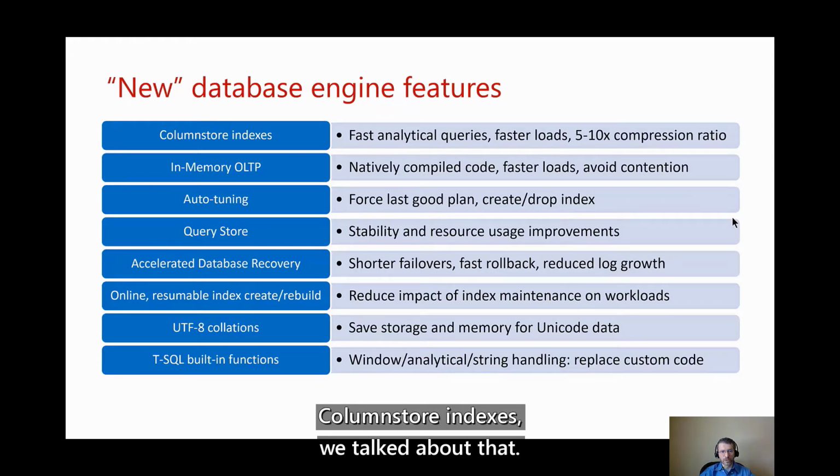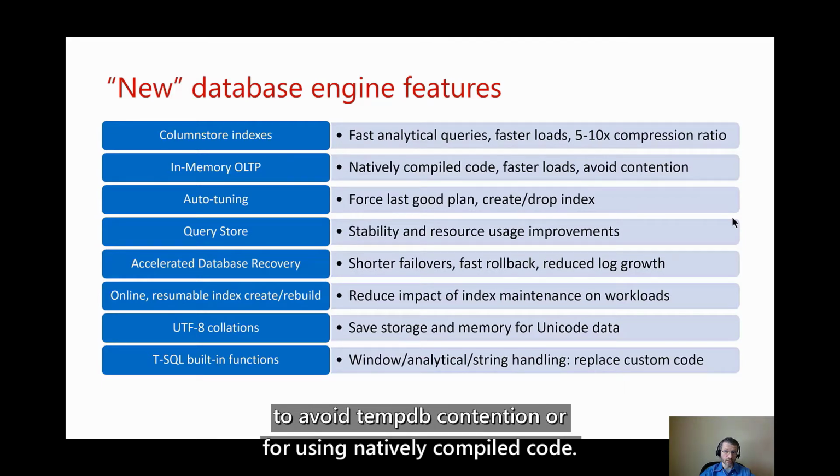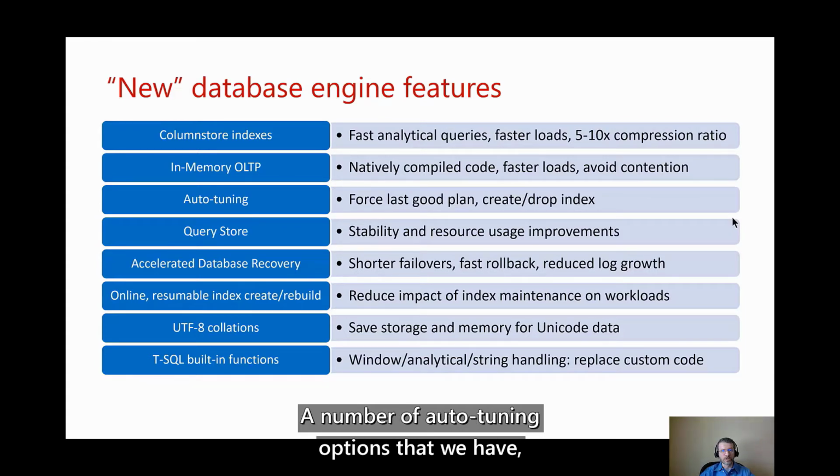So column store indexes, we talked about that, very high compression ratio, faster loads, very fast analytical queries. In-memory OLTP, for example, to avoid TempDB contention or for using natively compiled code. A number of auto-tuning options that we have.